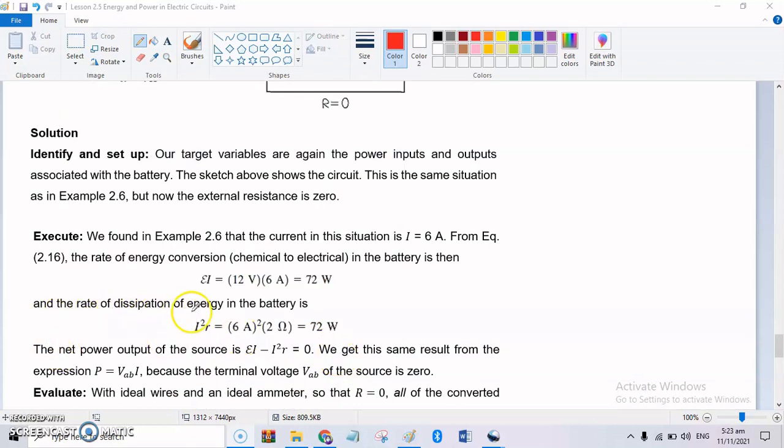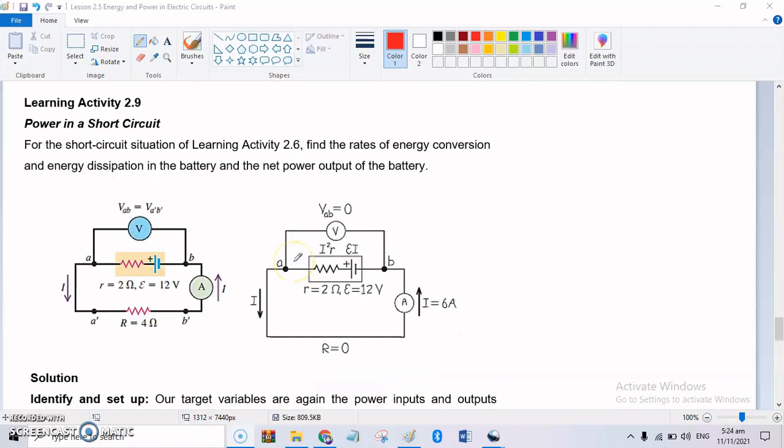The rate of dissipation of energy in the battery is I squared R, also 72 watts. And the net power output of the source is EI minus I squared R, which equals 0. We get the same result from the expression P equals VAB times I because the terminal voltage VAB of the source is 0.